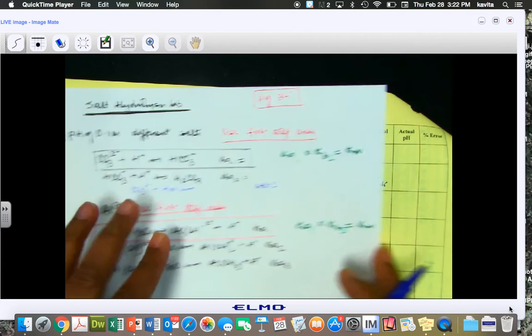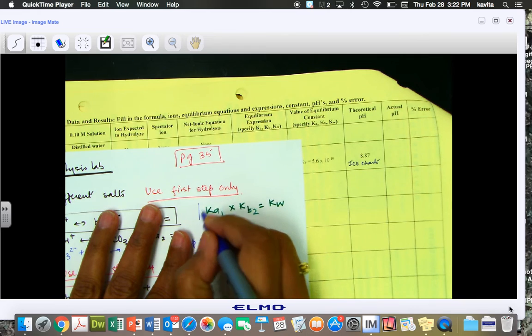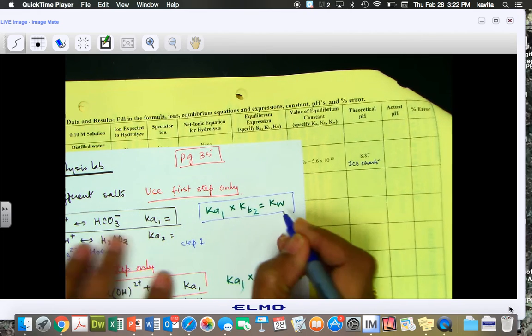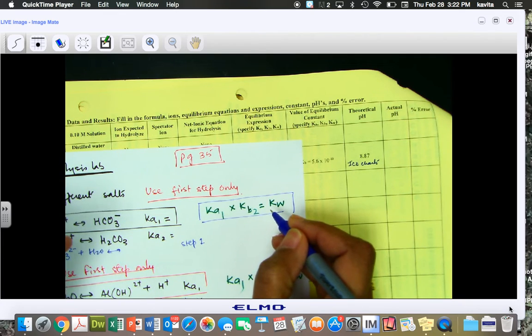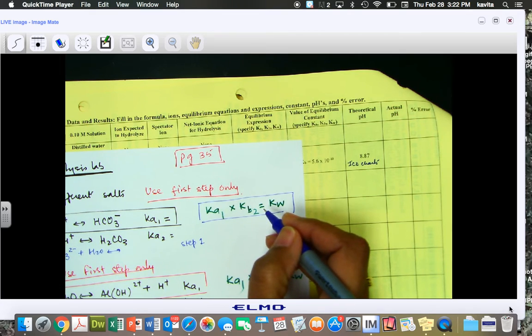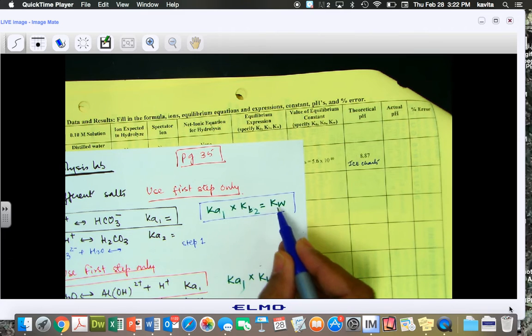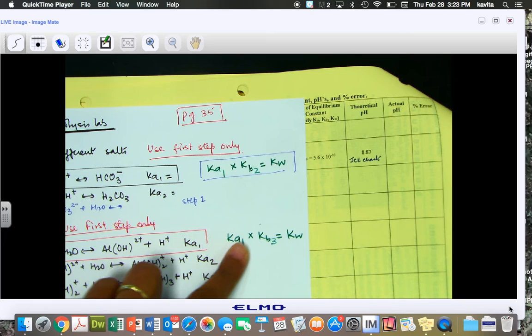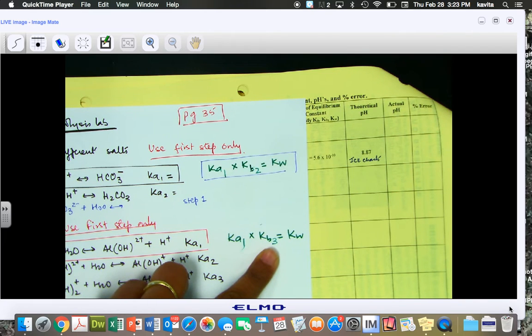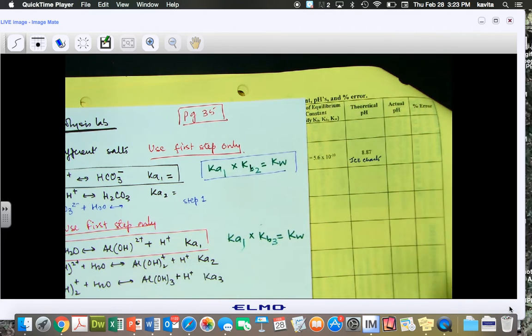Now, one other thing you need to know. For the first step's Ka1 and the last step's Kb: Ka1 times Kb2 in a two-step dissociation is equal to Kw. In a three-step dissociation, Ka1 of the first step times Kb3 of the last step is Kw.